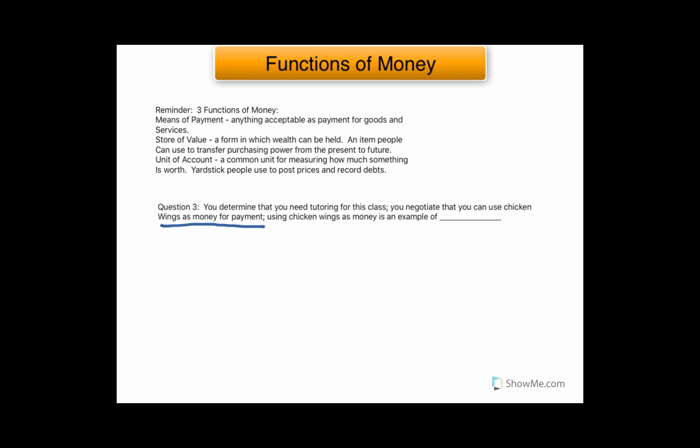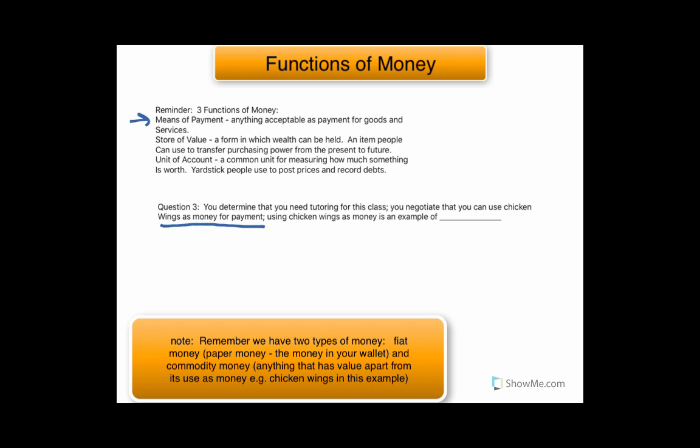And if you look at the means of payment definition, it says anything acceptable as payment. So we negotiated with this person that the chicken wings are an acceptable form of payment. So in this example, we're again using means of payment. The only difference here is that our money is chicken wings rather than dollars or some other form of common currency.